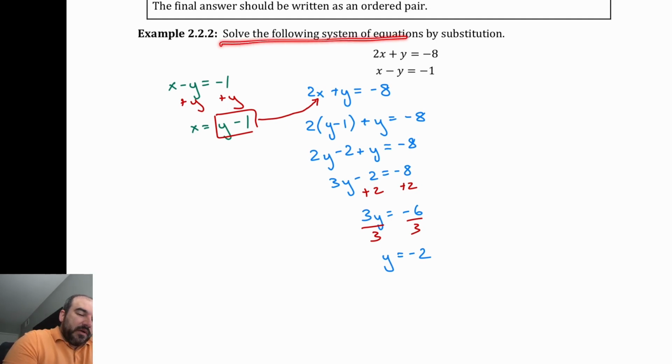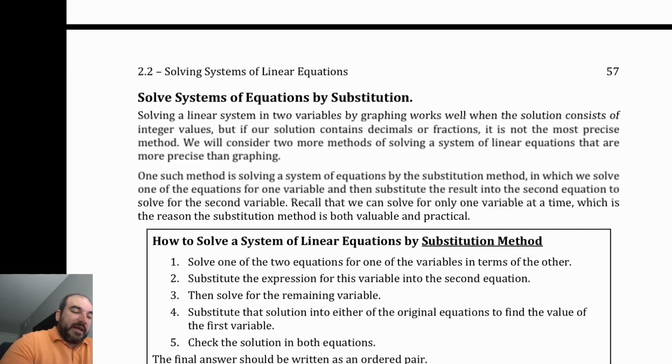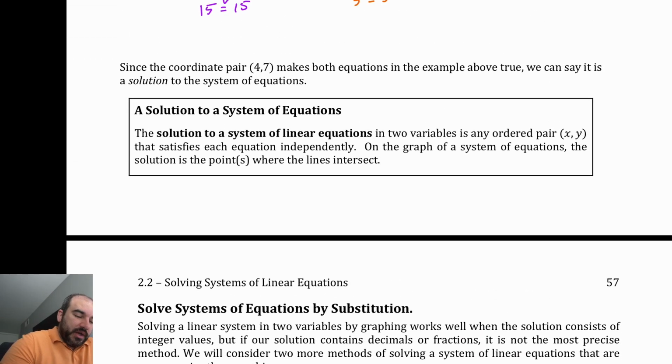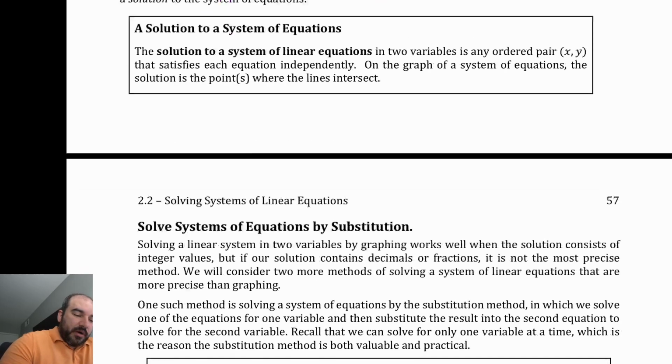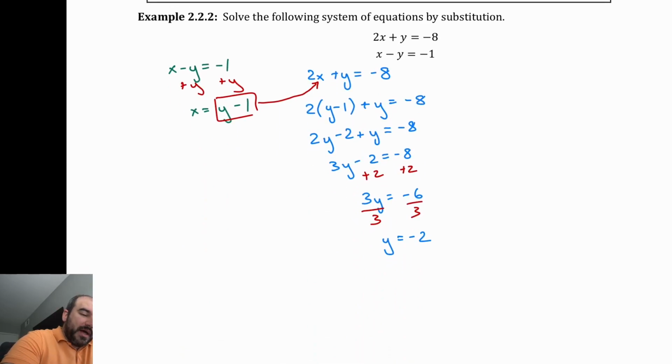Remember, solve the following system of equations means we're trying to find a solution, which is an ordered pair, x comma y. So we haven't really finished yet, but we found one piece of the solution, right? We found the y. So now we want to go back and find the x. The easiest way to do that when you're solving by substitution is we already had an equation that related x and y where x was isolated.